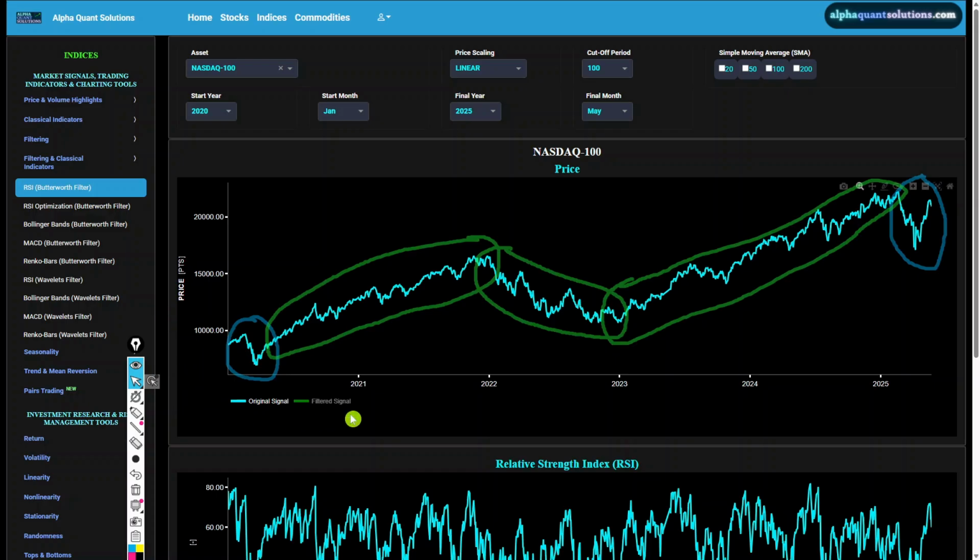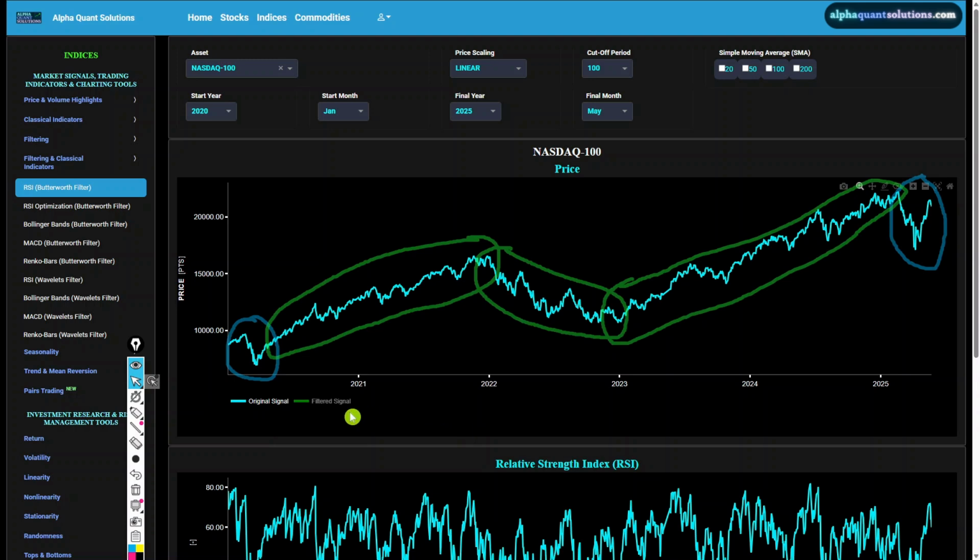Now, we would like to make the case that the standard classical RSI is better suited to identify these short-term market patterns, as we have shown here in blue, but that if we want to identify these more long-term movements, and if you are more interested in long-term investments, then we need a different tool or a different signal.